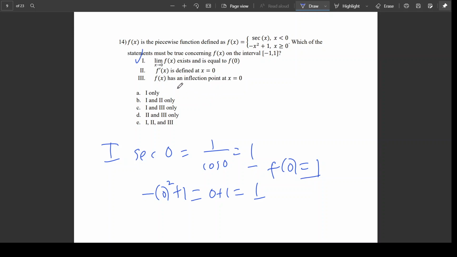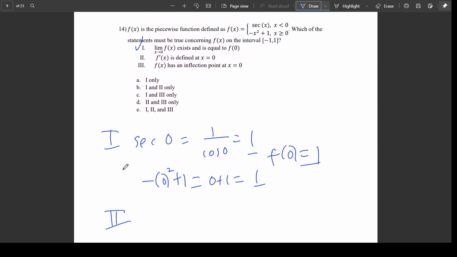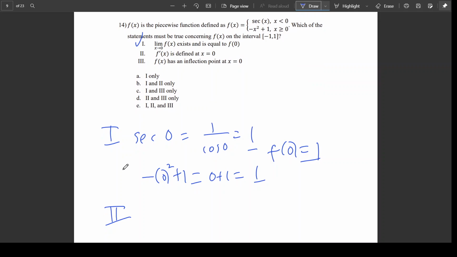Statement 2 says f prime of x is defined at x equals 0. What we've got to do here is take the derivative and look at whether those meet. So we'll take f prime of x. The derivative of secant is secant tangent, and the derivative of negative x squared plus 1 is negative 2x.